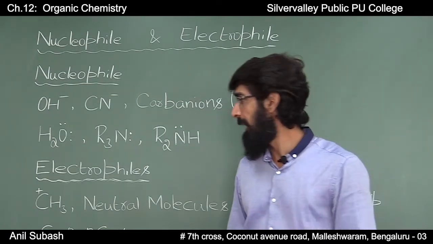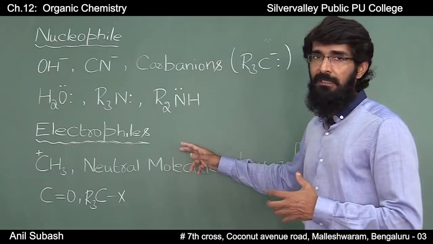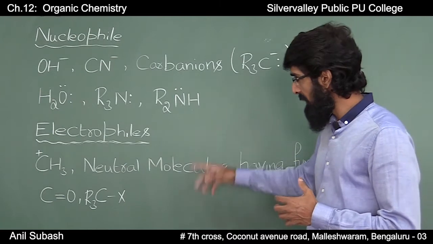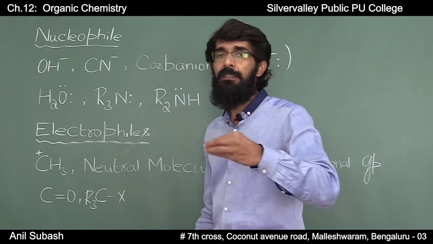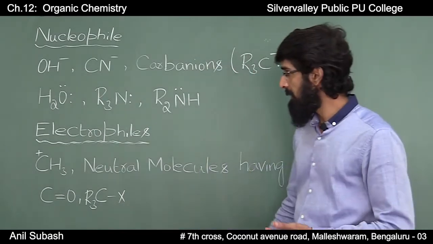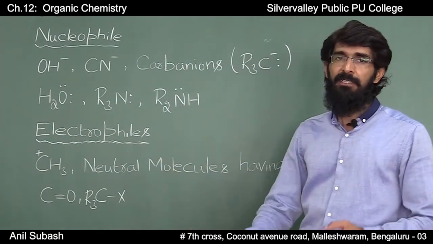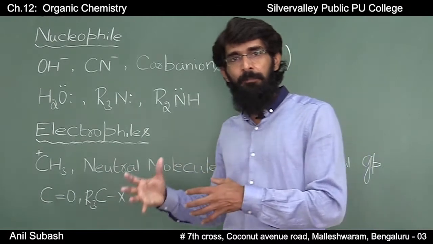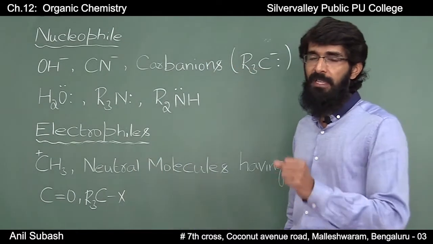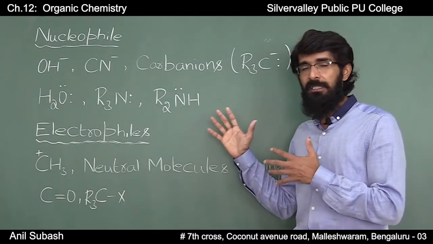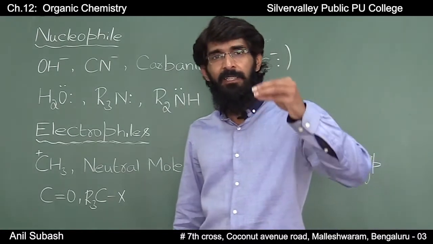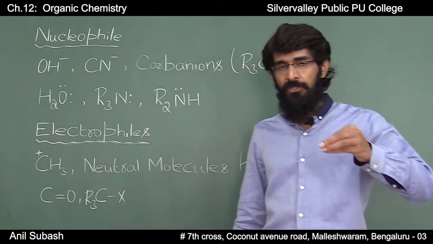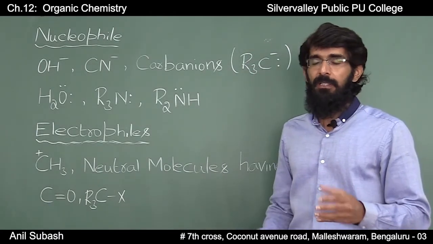On the other hand, electrophiles, as the name suggests, electron loving. That is, these electrophiles take away with them the electron pairs. These are electron deficient species and attack the site which is rich with electrons.